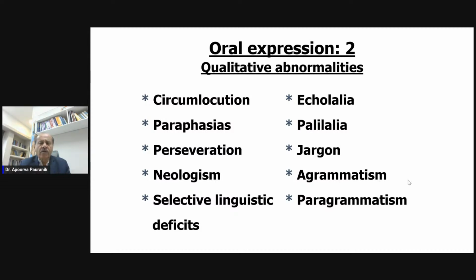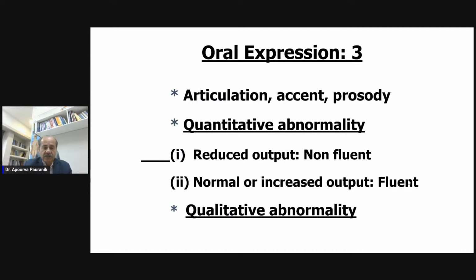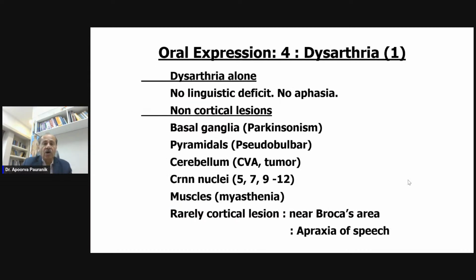As I was talking about oral expression and about the picture description, based on the picture description, we will pay attention to, is there circumlocution, are there paraphasias, are there perseverations and neologisms. So many things can be detected in the case of oral expression. We also pay attention, how is the articulation, how is the output, is it reduced and non-fluent, or is it normal or increased output.